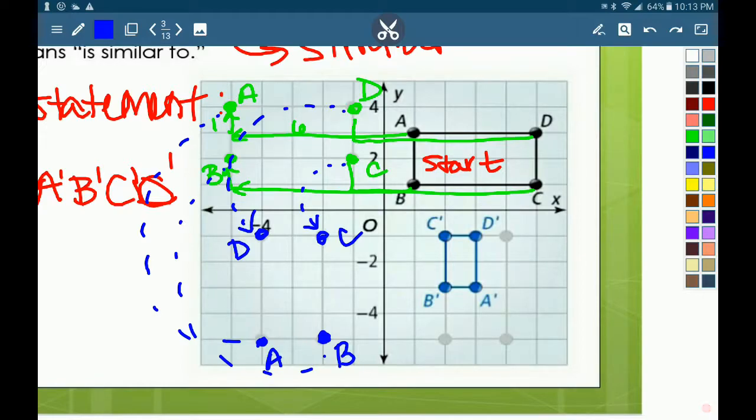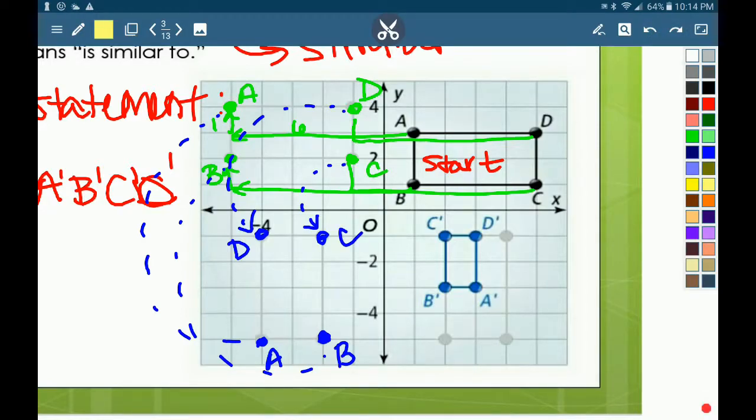Okay, so then the next step, because now I'm kind of looking at the end result, is I see now a reflection, because I see D is in the top left, whereas D prime over here is in the top right.